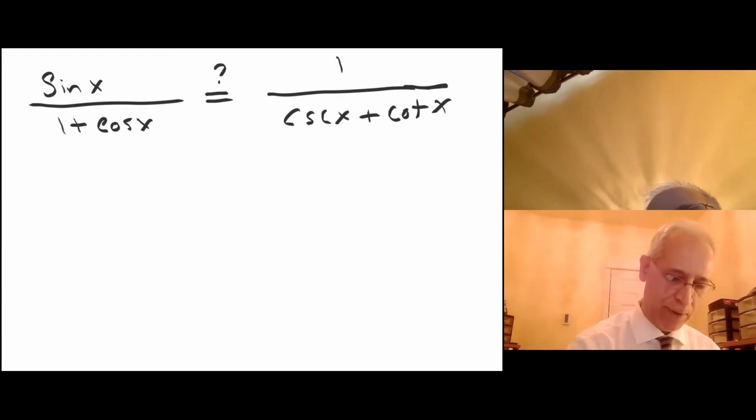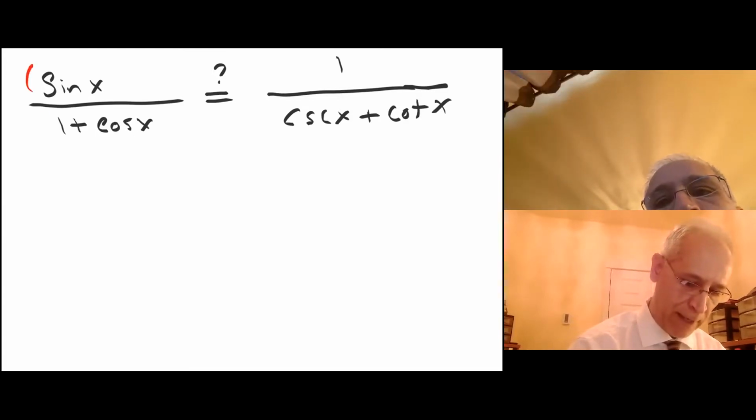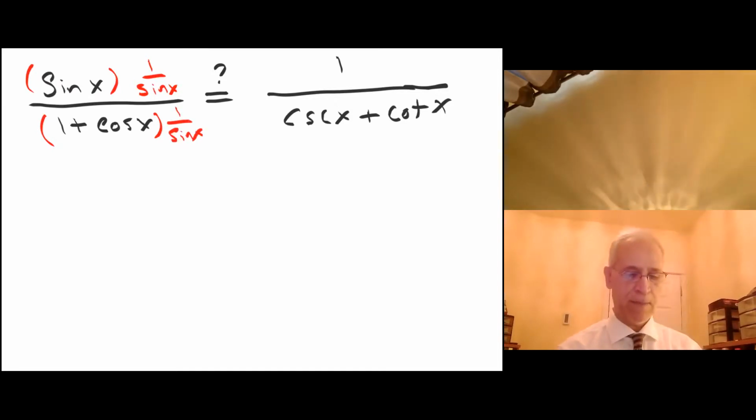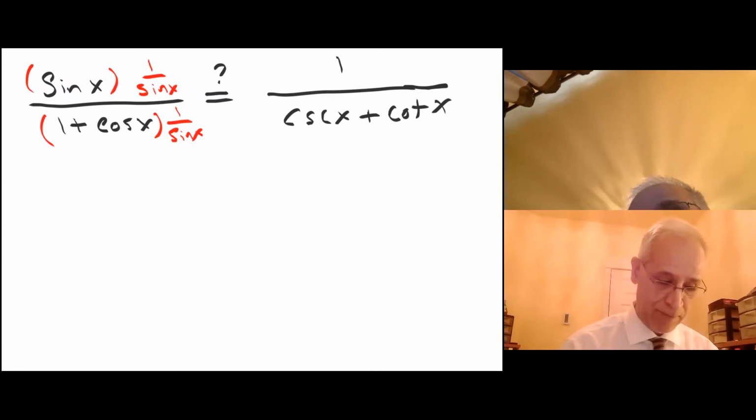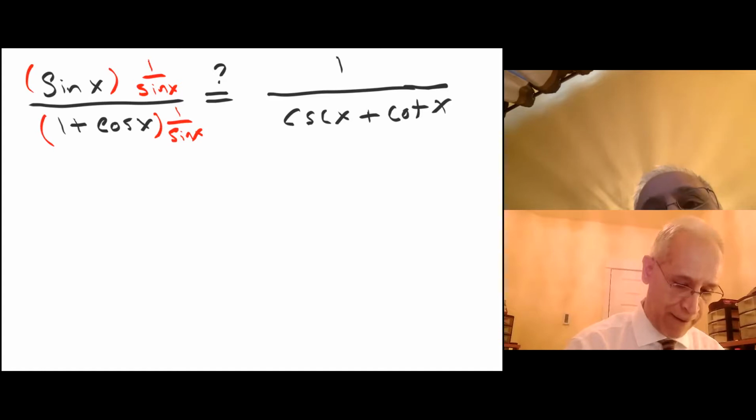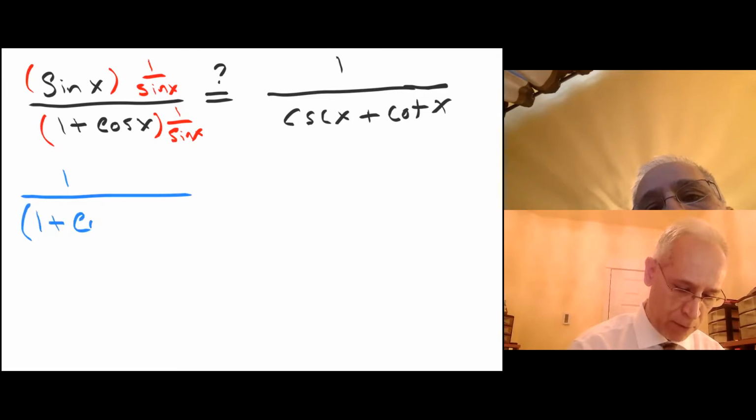Why don't I multiply top and bottom of this by 1 over sine of x? That way I get a 1 on the numerator. Let's see if that helps me. So now I have 1 over, okay, 1 plus cosine of x times 1 over sine of x.